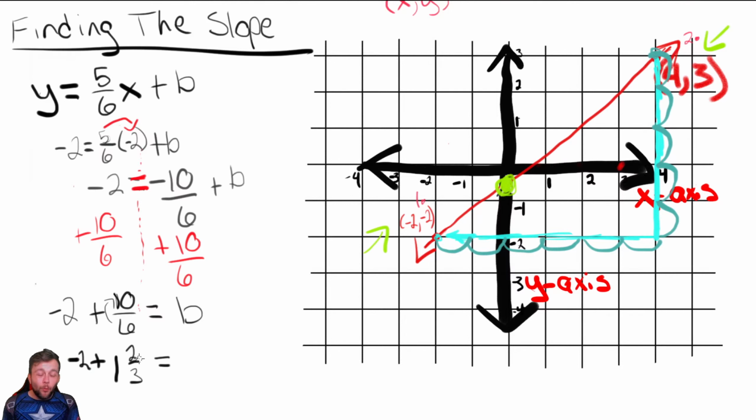If I asked you what is the difference between 1 2/3 and 2, it's 1/3, right? So our answer here is going to be -1/3, because this is that negative number. So our answer is b equals -1/3. A little bit messy, I know, I'm sorry.